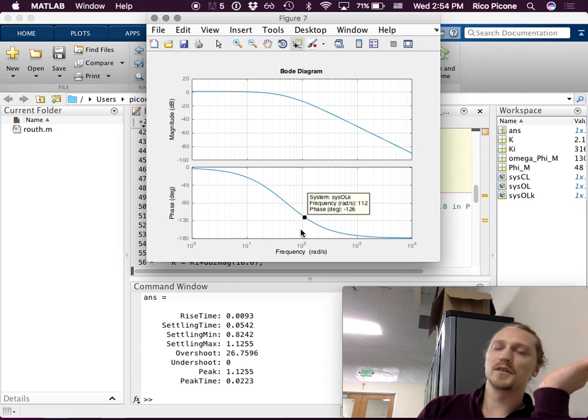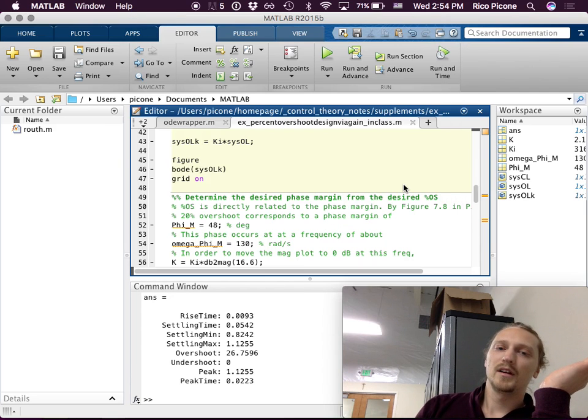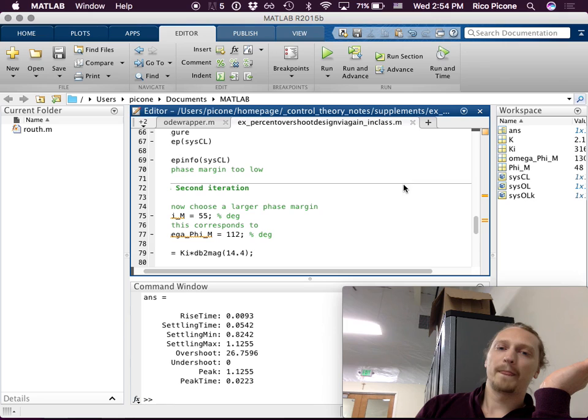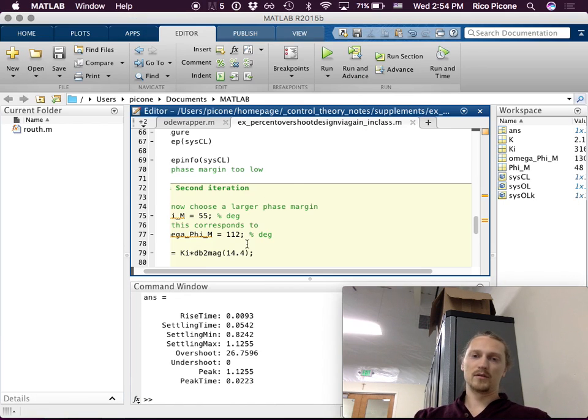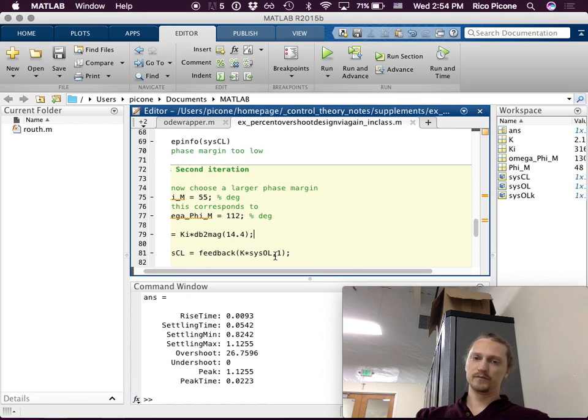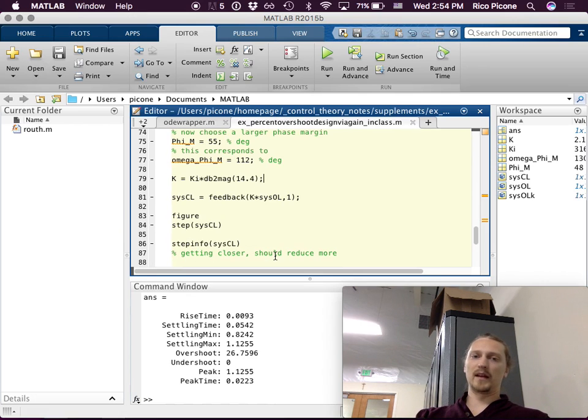So a frequency of about 112. So that's what I came up with there. And then at that frequency, we have to figure out how much magnitude to increase, which is like 14.4 dB to get to 0. So that's why we choose 14.4. Then we just do the same thing again.